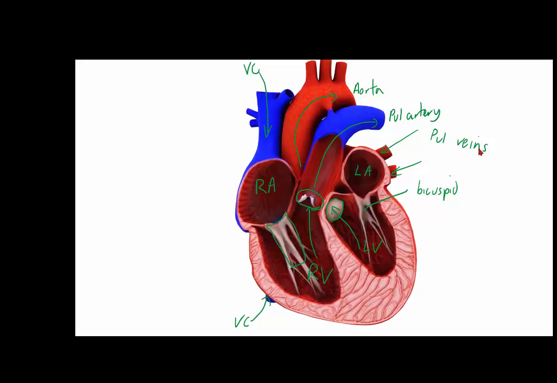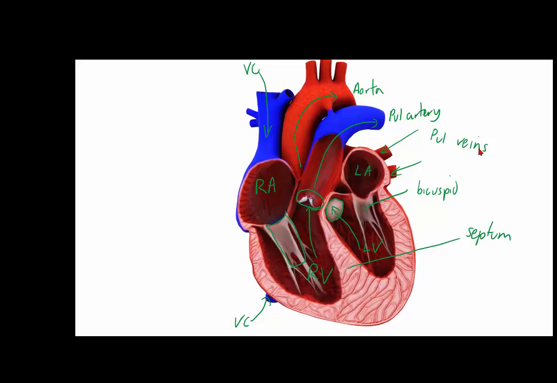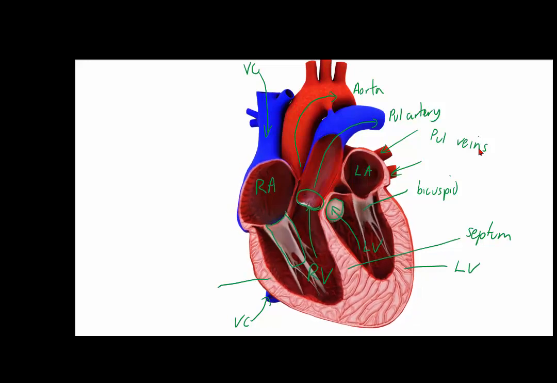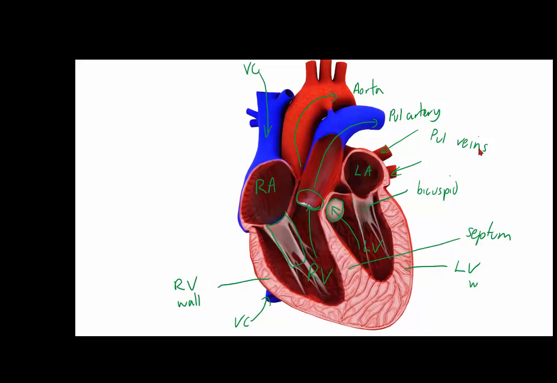Other things that we can see here is the septum right in the middle, and we can also see the walls of the left ventricle and the wall of the right ventricle.